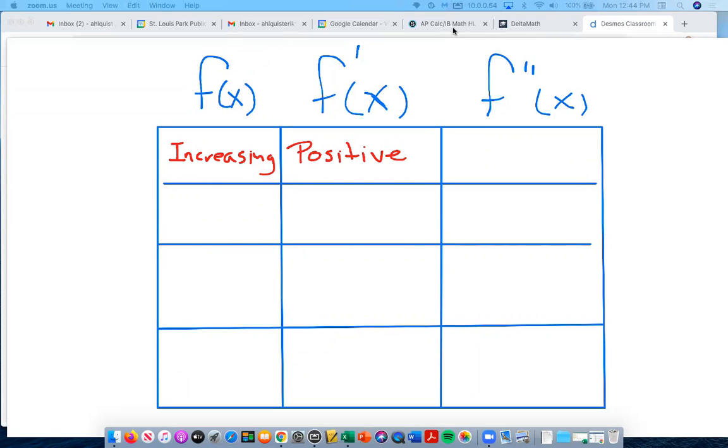Consequently, if you use this one and you say it's decreasing, then all the slopes are going to be negative. So if a derivative changes from positive to negative values, you know a function is going from increasing to decreasing.